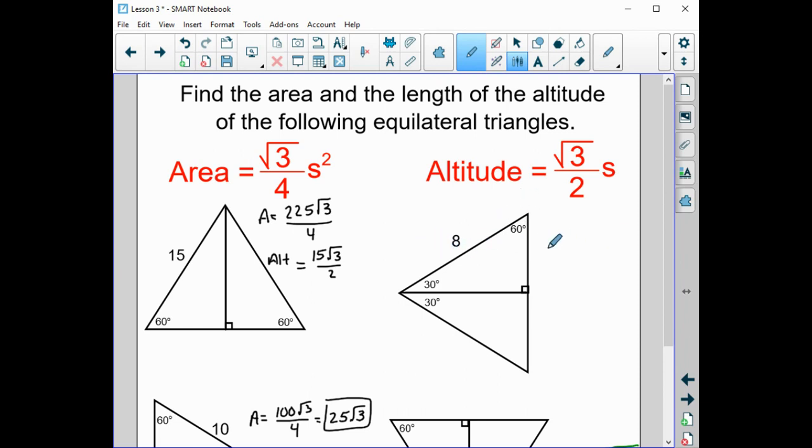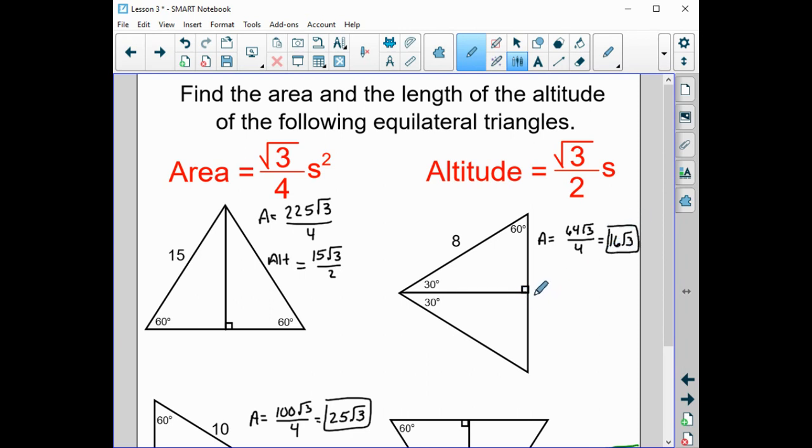Second example here, we've got the length of the side here is 8. So the area for this guy, plugging into the formula, you take the side squared and get 64. And you multiply that by radical 3 over 4, which ends up equaling 16 radical 3 when you reduce the numbers outside the radical.